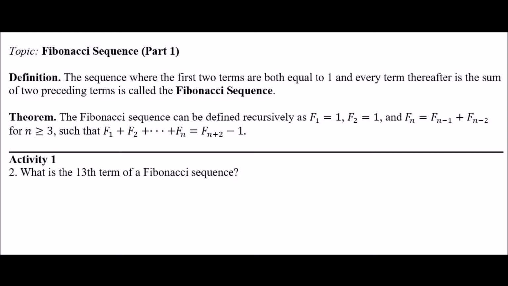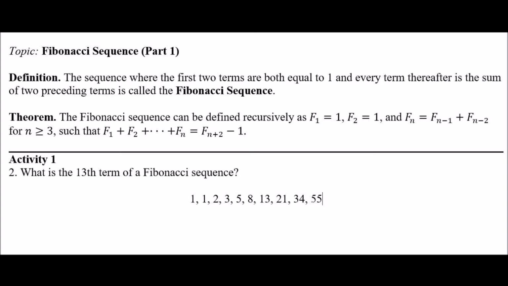Now in number 2, what is the 13th term of a Fibonacci sequence? So here we need to find the 13th term. So we need to see the first 10 terms and then so on and so forth. So I'll just copy here the first 10 terms, which are 1, 1, 2, 3, 5, 8, 13, 21, 34, and 55.